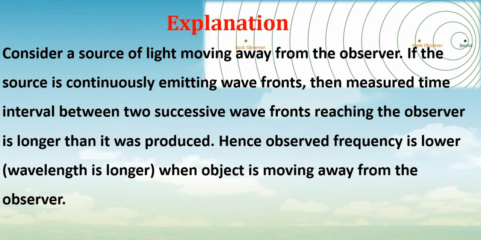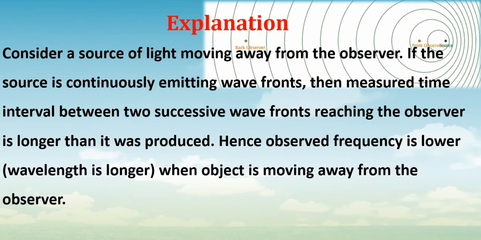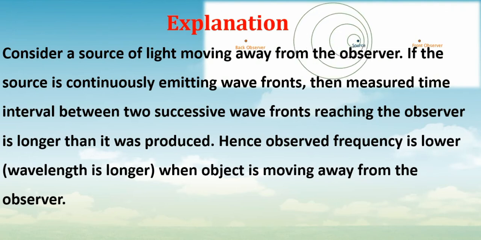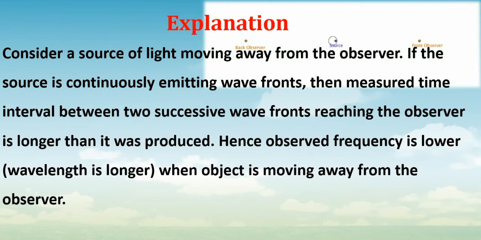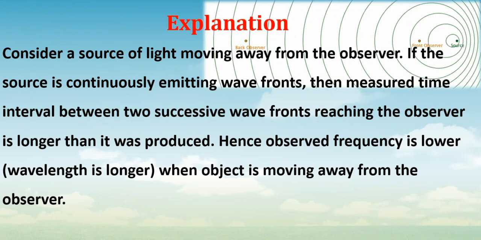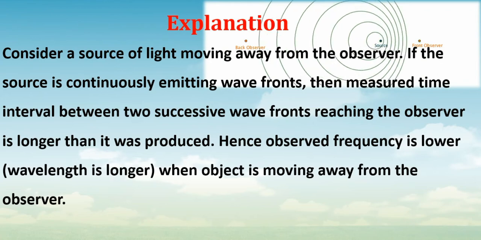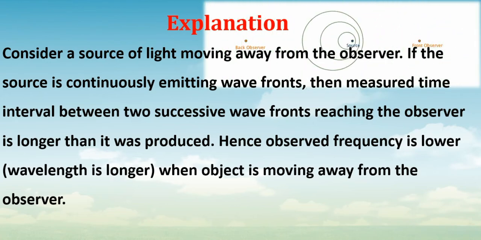If the source is continuously emitting wavefronts, then the measured time interval between any two successive wavefronts reaching the observer is longer than it was produced. The source produces the waves continuously.